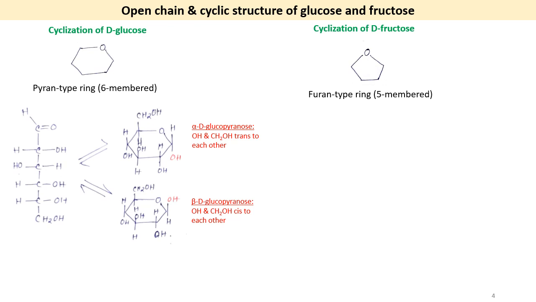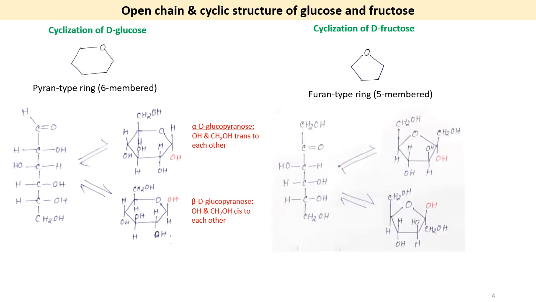So it is denoted as the beta D glucopyranose. Okay. In case of D-fructose, a 5-member furan ring is formed. So here also the same thing, instead of H and OH now, it is OH and CH2OH at C1, whose orientation or positions are different in the 2 different ring forms.